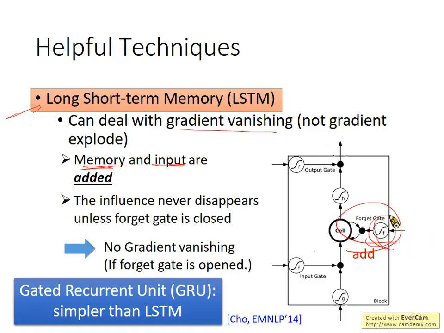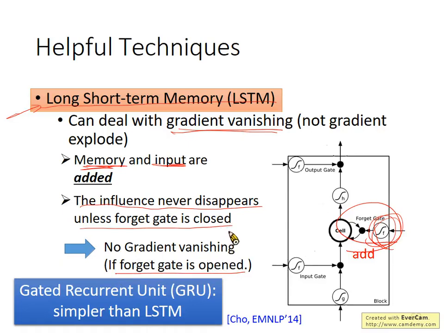Because of the design of the forget gate, sometimes we can eliminate noisy or bad information from influencing the whole RNN. So the state-of-the-art LSTM can deal with the gradient vanishing problem because the influence never disappears unless the forget gate is closed. If the forget gate is open, we can avoid the gradient vanishing problem.